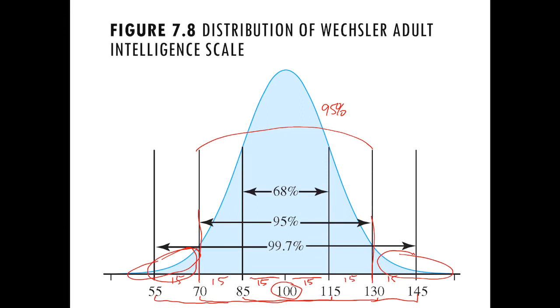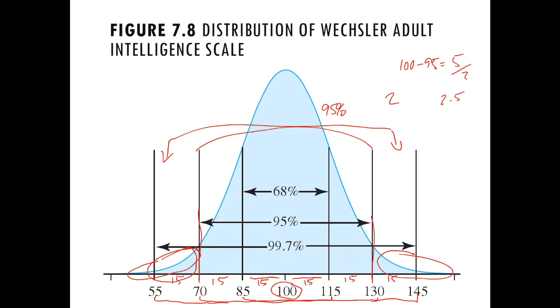So we know that there's 2 tails still left. We have this side and we have this side of the tails. And so we know that the total between those 2 tails is going to be 5%, right? Because we have 100 minus 95, it's going to give you your 5% that's left. And since there's 2 tails, if we take 5 divided by 2, we have 2.5.